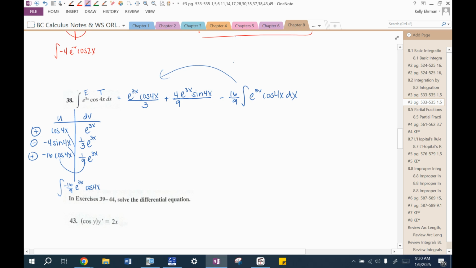You're going to add 16 ninths times the integral to the other side. So hopefully, the last three have been like this, so hopefully you are picking up on the pattern. Maybe even carefully skipping steps would be fine with me. I'm just writing out everything I have. Okay, and then to get rid of 16 ninths, I'm going to multiply by 9 sixteenths.